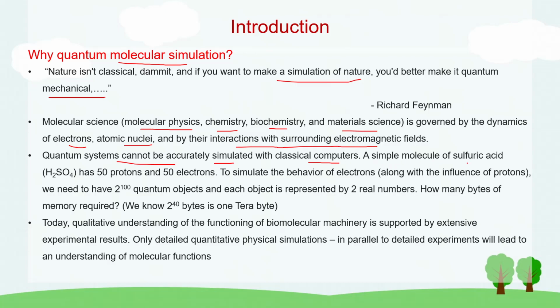Let's take an example. A simple molecule of sulfuric acid, H2SO4, has 15 protons and 15 electrons in it. To simulate the behavior of electrons along with the influence of protons, we need something of this quantity, 2 to the power of 100 quantum objects, and each object, if you want to represent it in a computer, may take two real numbers.